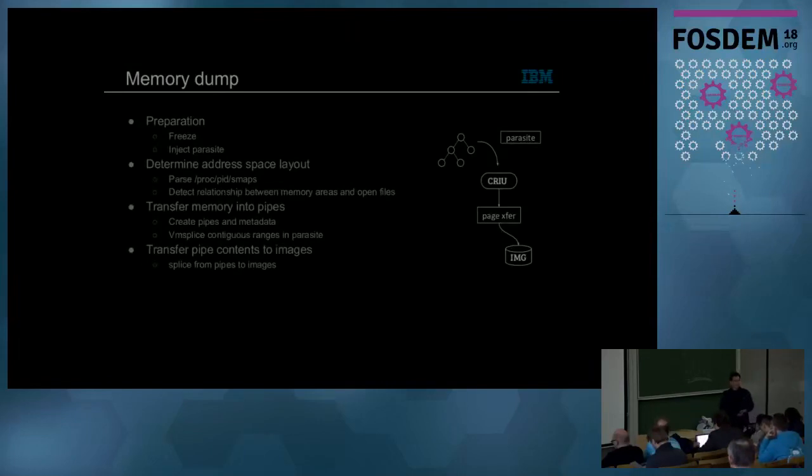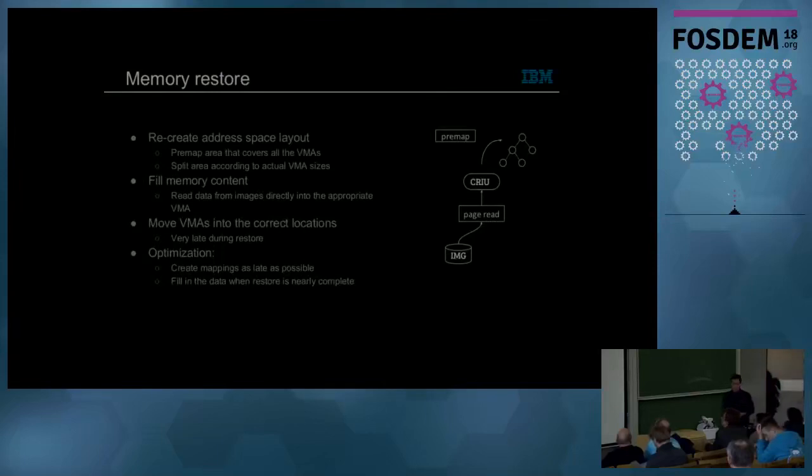Using ptrace would be way too slow, and there is no other system call you can use to do the same thing. What happens is that memory becomes mapped in both the victim process and the pipe, and then the CRIU engine can map the same memory using the same pipe. The final step is to transfer the pipe contents into the images on disk using the splice system call.